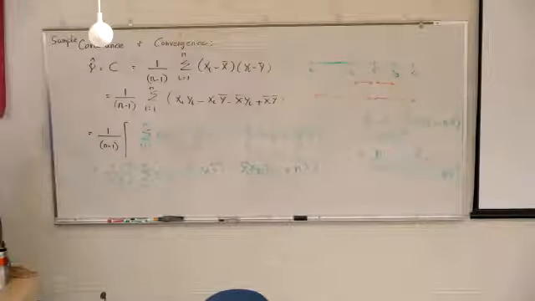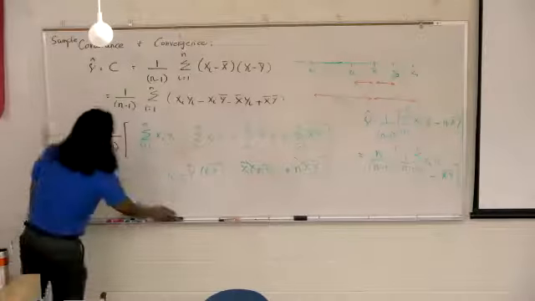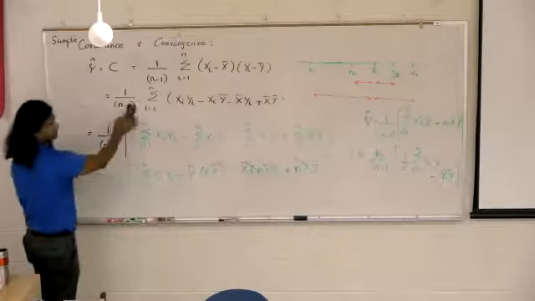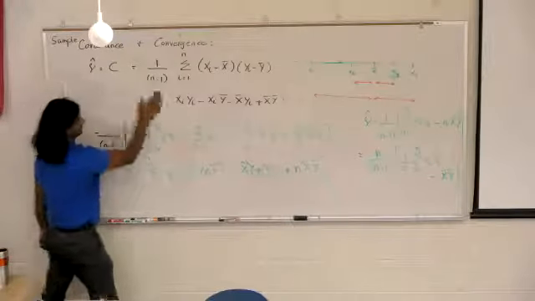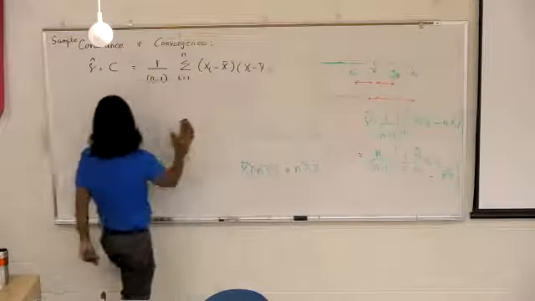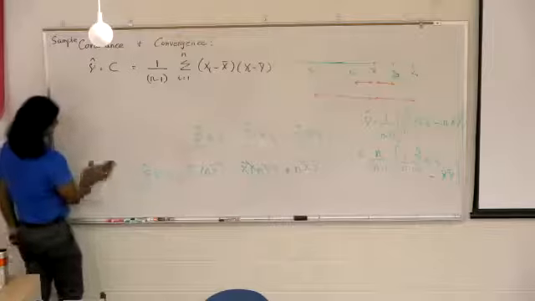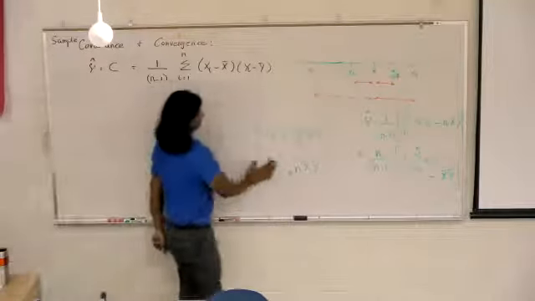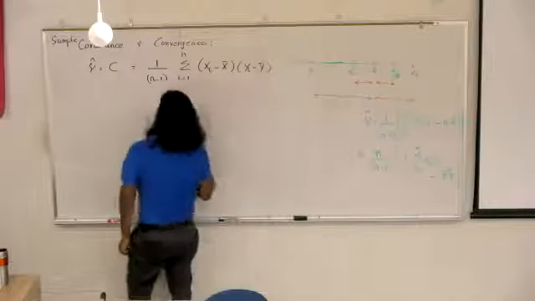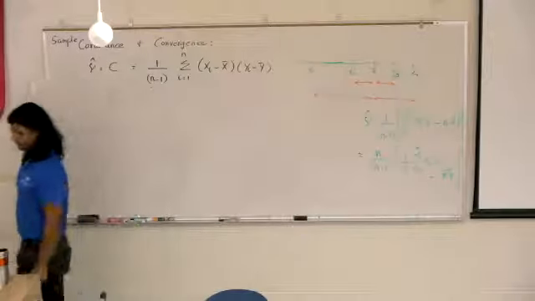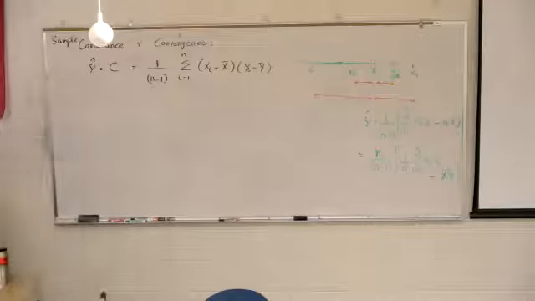Going back to the weak law. What does the weak law of large numbers suggest?